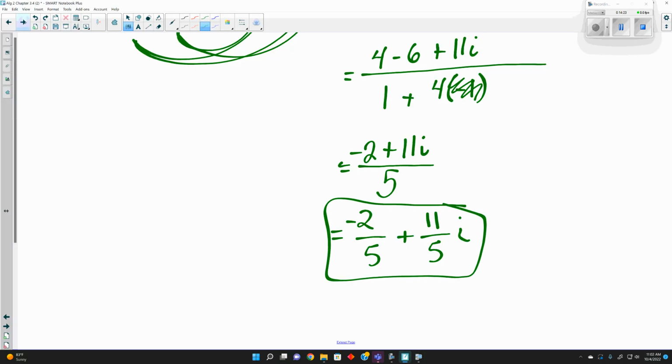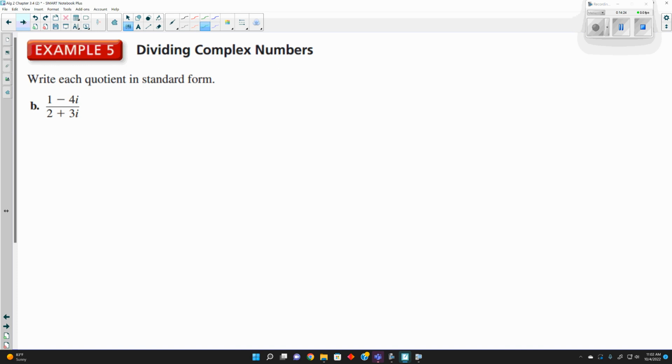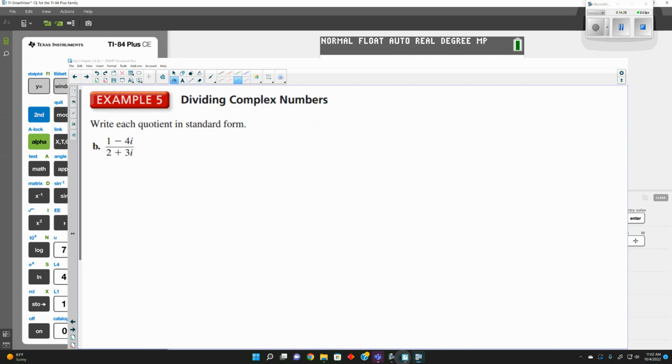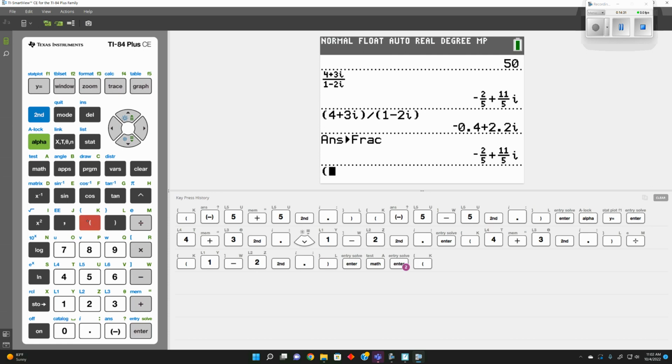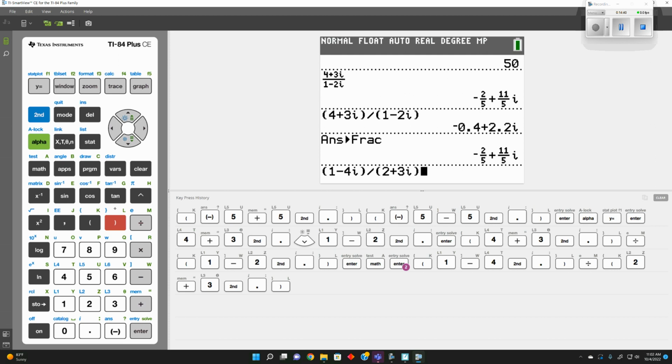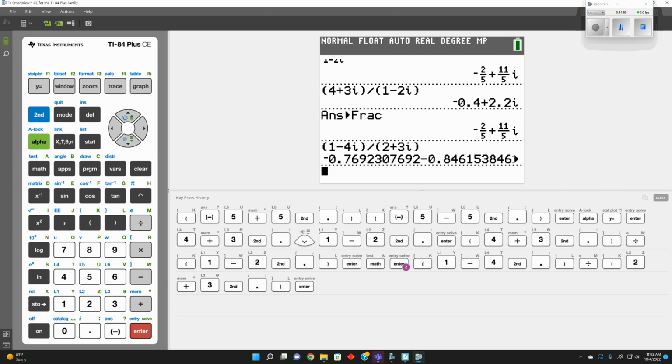So let's look at the next one. 1 minus 4i over 2 plus 3i. So we say 1 minus 4i divided by 2 plus 3i. So again, we could type it in as division instead of in the fractional form. And hit enter.